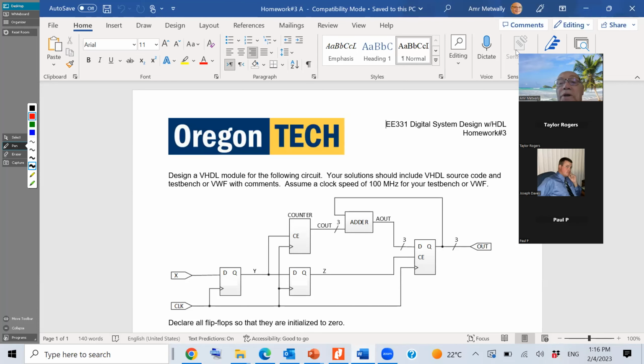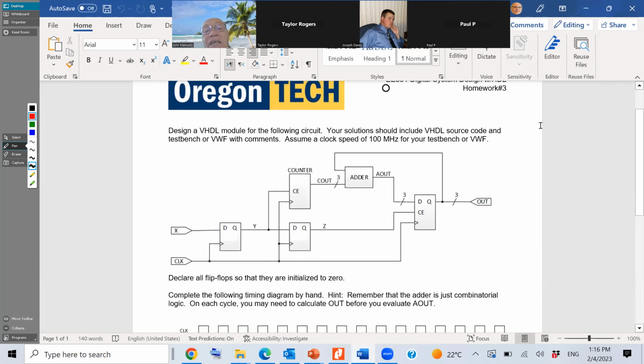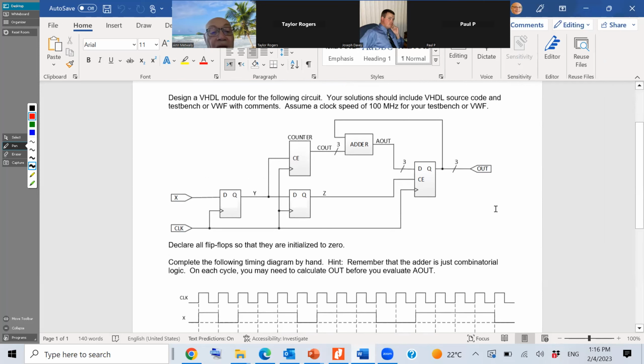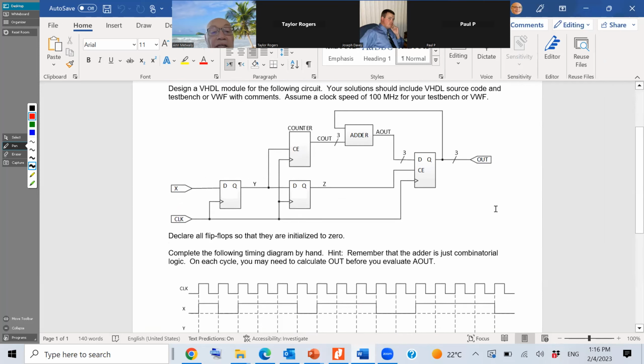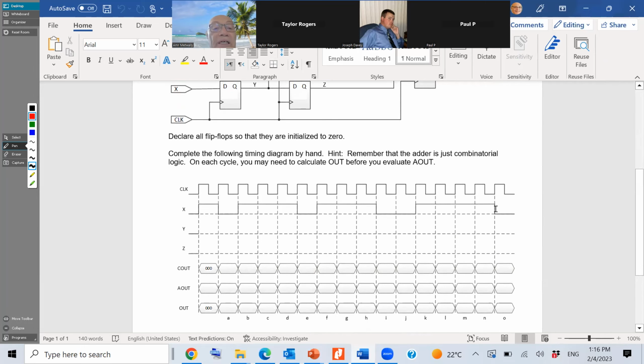In this homework, we have this circuit. In this circuit, as you can see, I have input X and input clock and one output. This is clock and this is X. You are supposed to find out what will be the output.